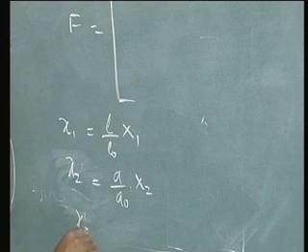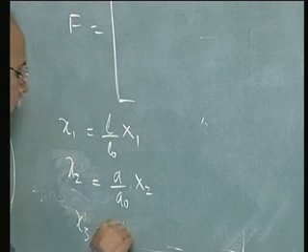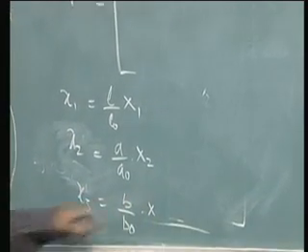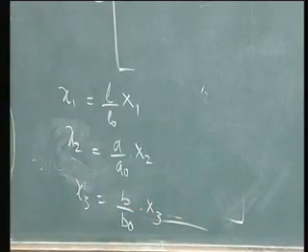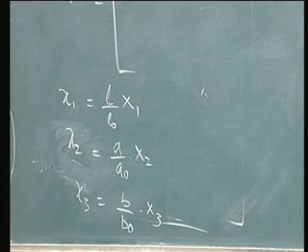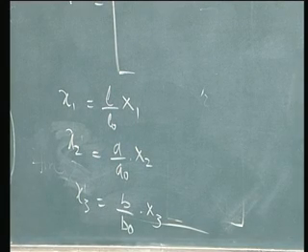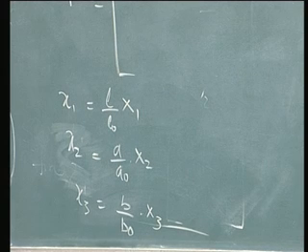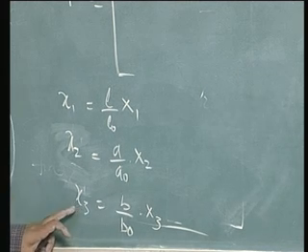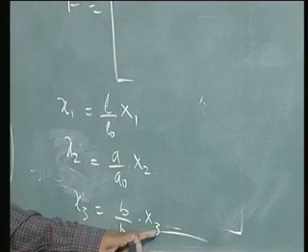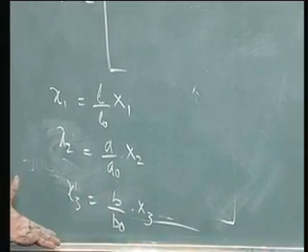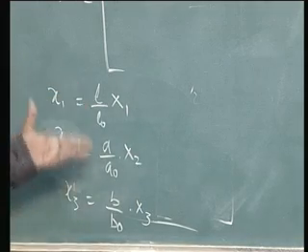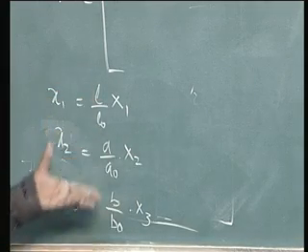and x3 is equal to b by b naught into capital X3. Very simple. When x3 is equal to b, capital X3 is equal to b naught. So what is that we have followed here?